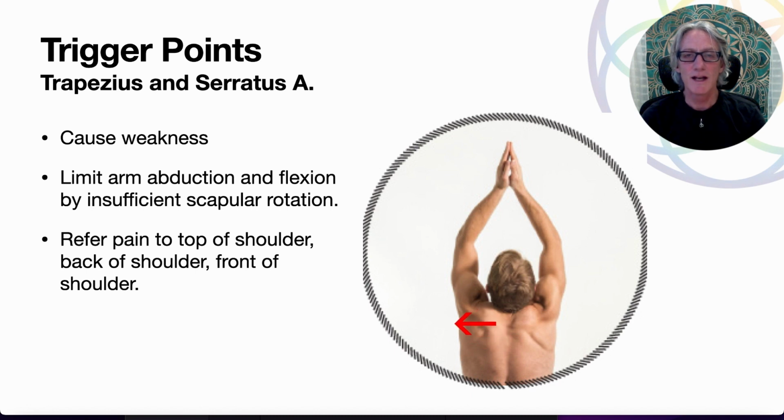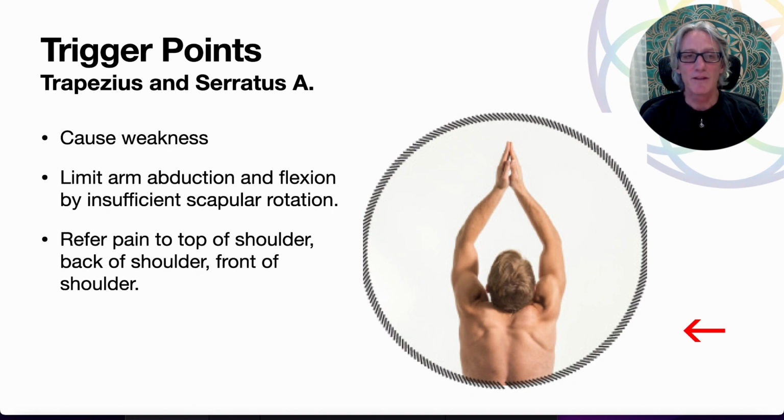They're not rotating, and then you get impingement here, and the high trapezius gets very hard and shortened. We call that contraction on the short. So trigger points in your scapular stabilizers can limit your ability to achieve full flexion and full abduction of the arms, and that is very, very common in people that don't have full range of motion.